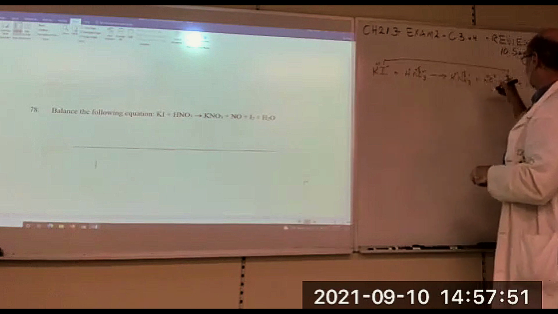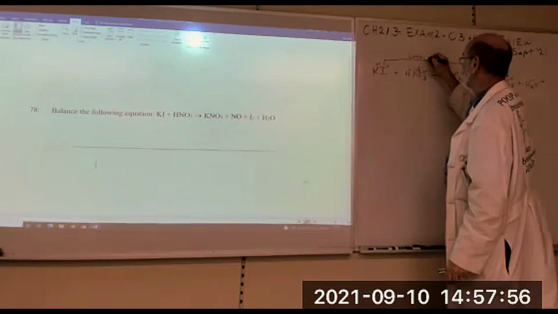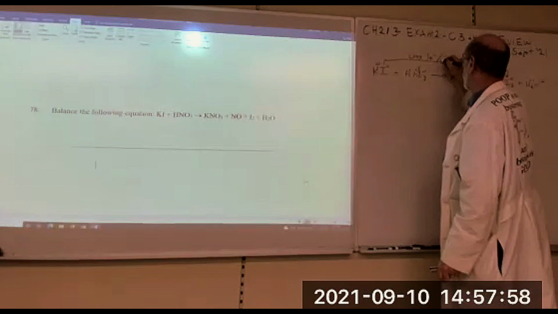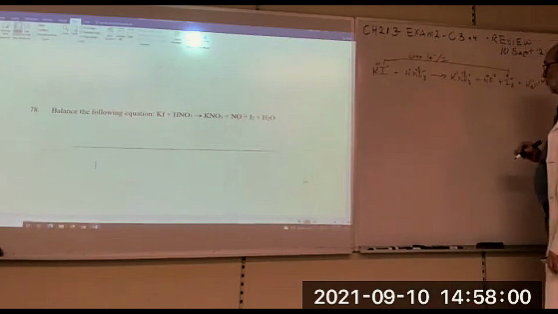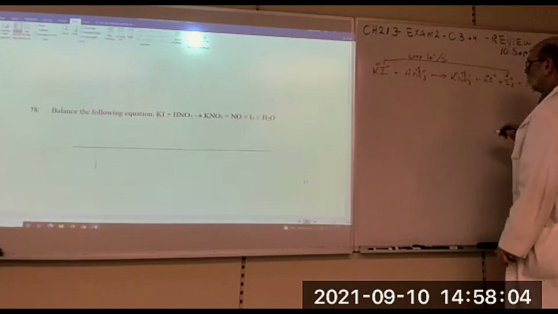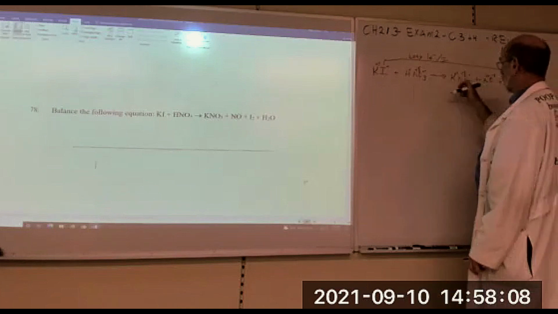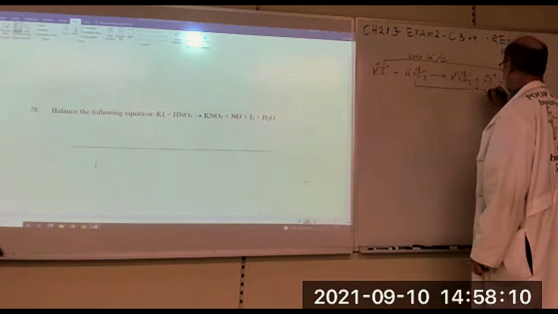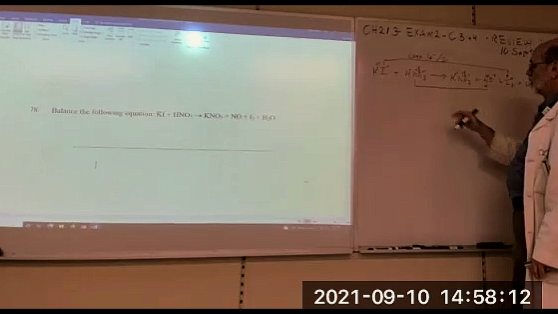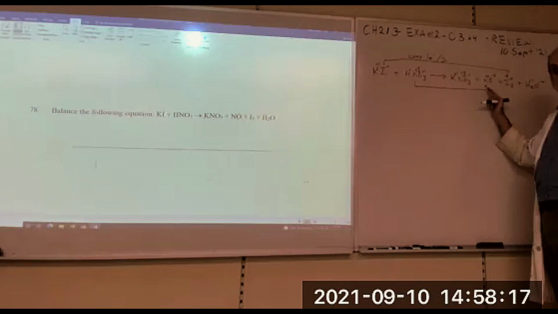So iodine lost 1 electron per iodine. How about nitrogen? Well, some of this nitrogen went from here over here. +5 to +2 means it gained 3 electrons for nitrogen.